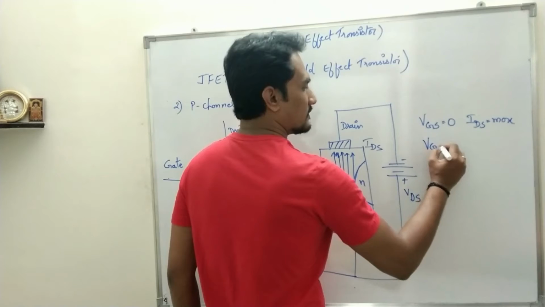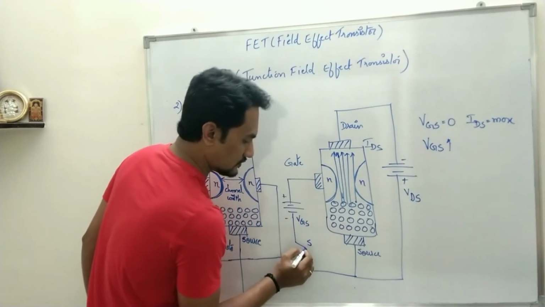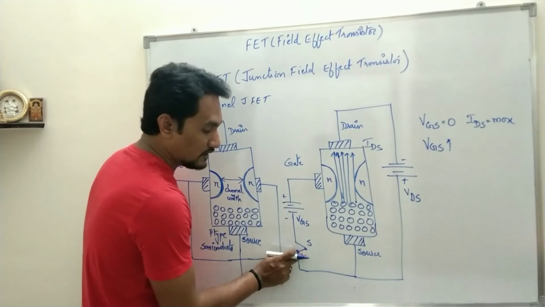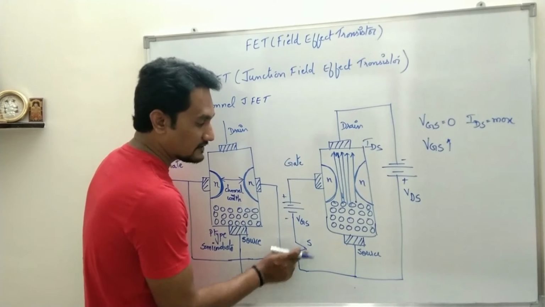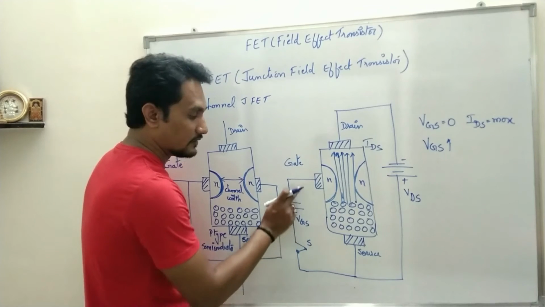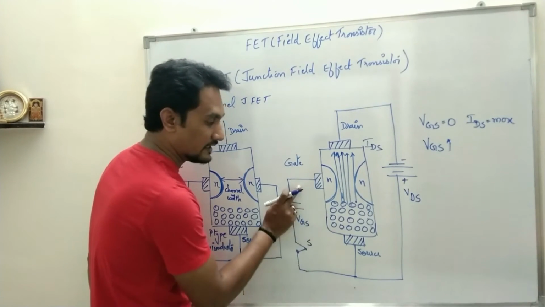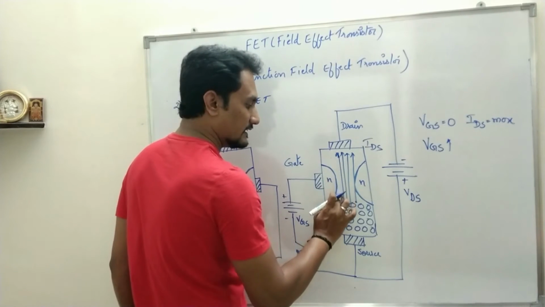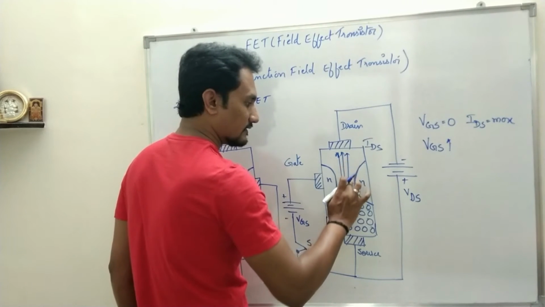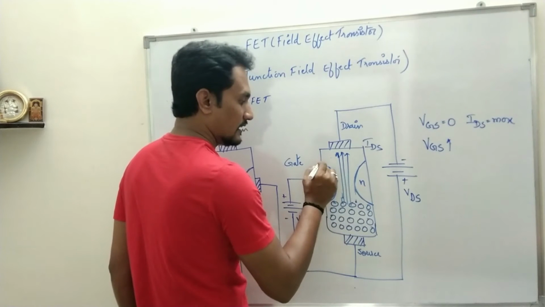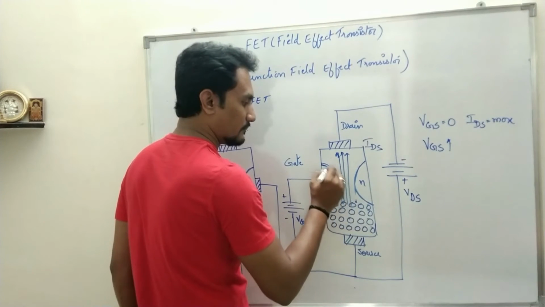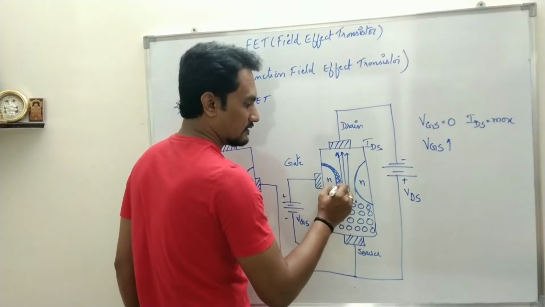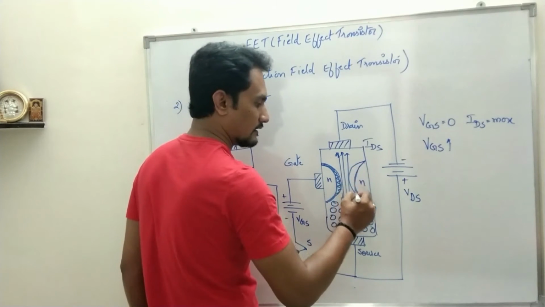Now suppose we switch on this switch. As soon as the switch is on, there will be a reverse bias potential between gate and source. As the reverse bias to the PN junction is increased, the depletion layer width increases.